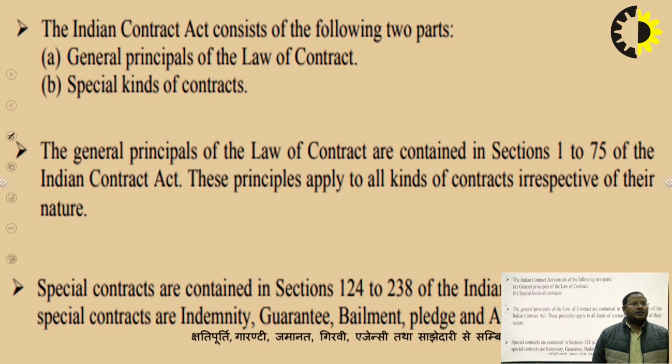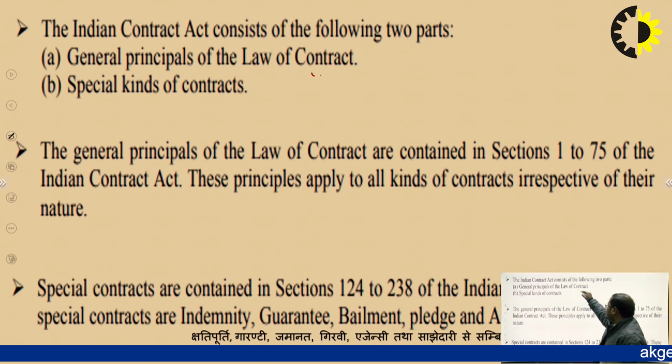The Indian Contract Act consists of two parts: general principles of the law of contract, and special kinds of contract. There are two categories. General principles of the law of contract are contained in sections 1 to 75 of the Indian Contract Act. These principles apply to all kinds of contract irrespective of their nature.